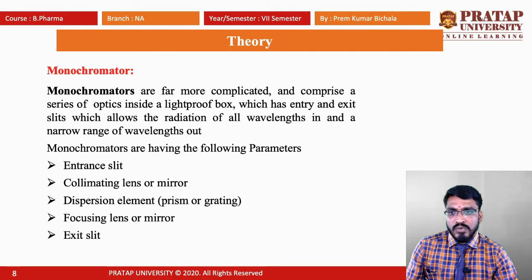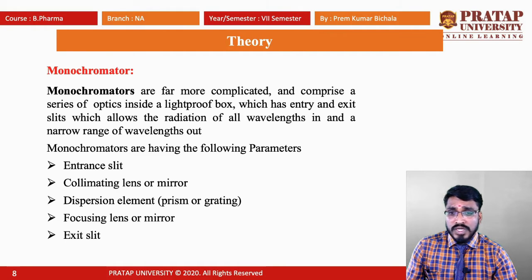Then the second one is the monochromator. These monochromators are far more complicated and comprise a series of optics inside a light-proof box which has entry and exit slits, which allow radiation of a narrow range of wavelengths out.